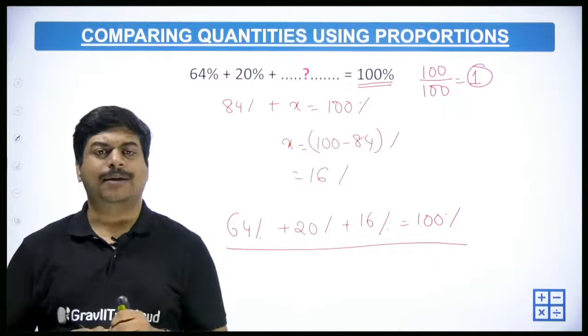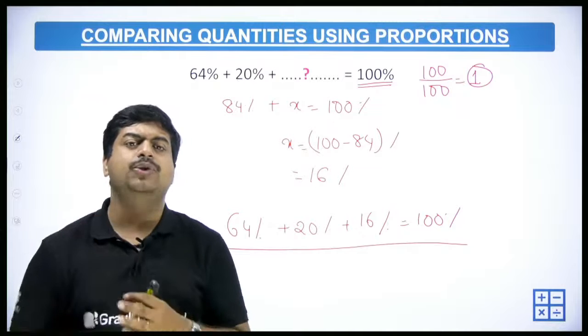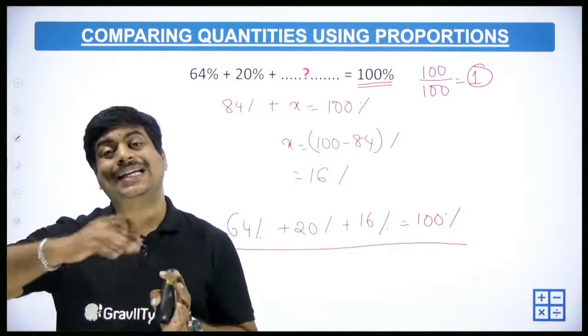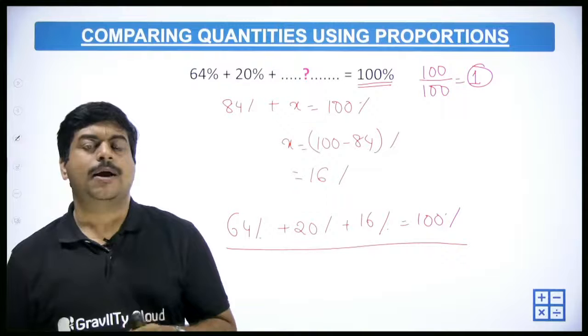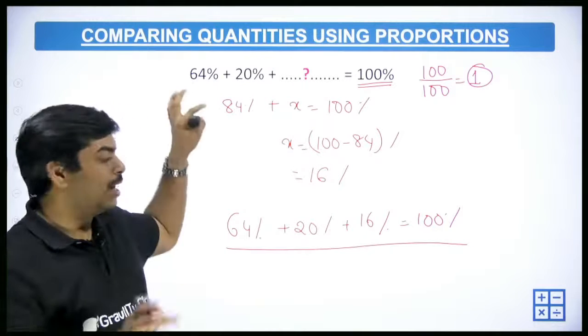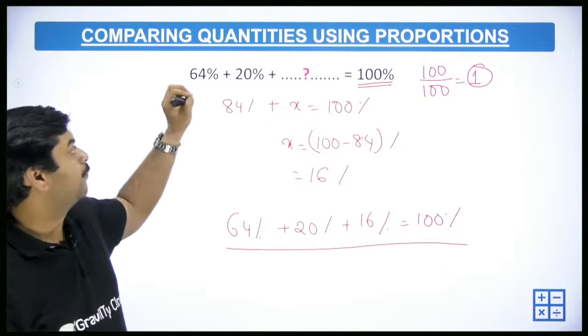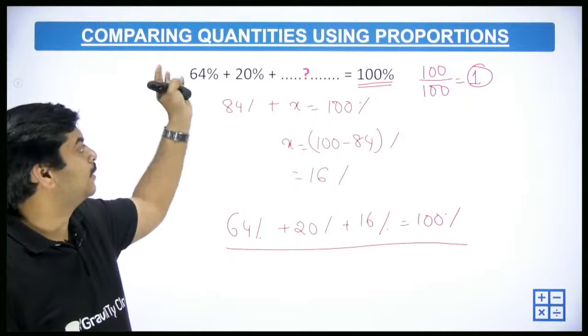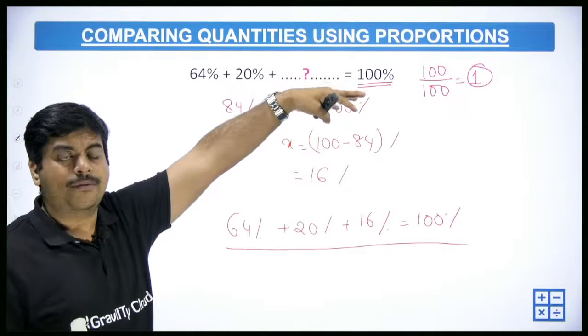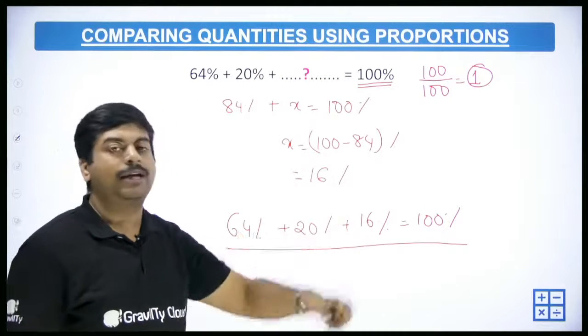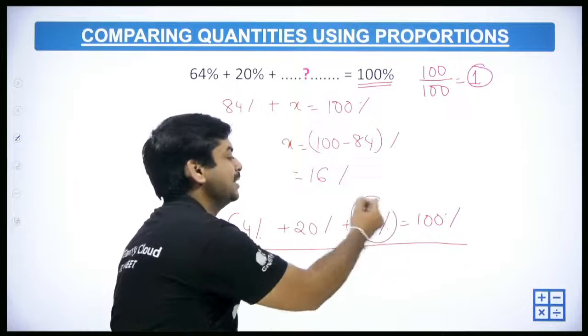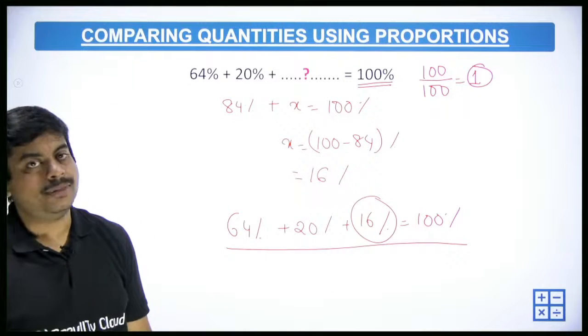Yes, there are places where we use 110%, 200%, 300%, when something has increased so many times. But always the percentages in one situation, 64% of something plus 20% of something, is equal to 100% of something. So definitely the total should be equal to 100%. From there you get the answer 16%.